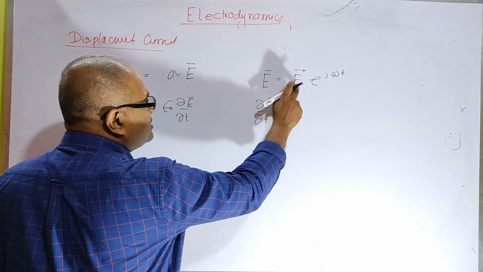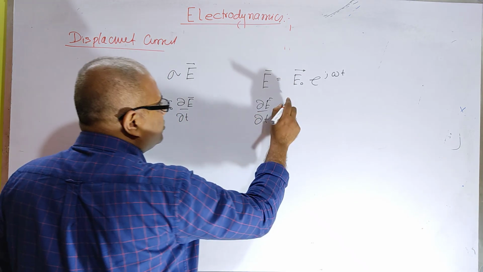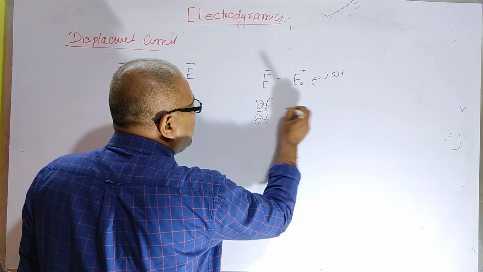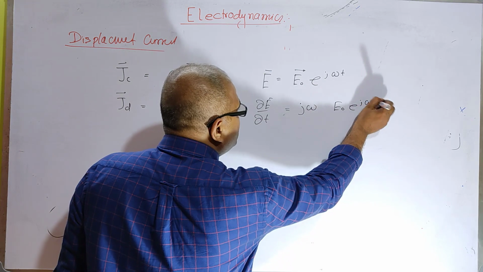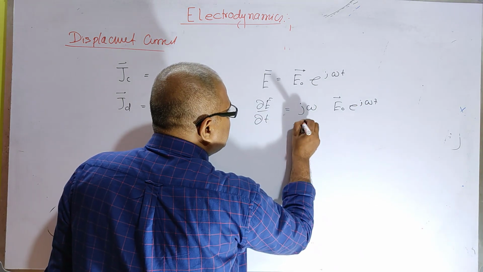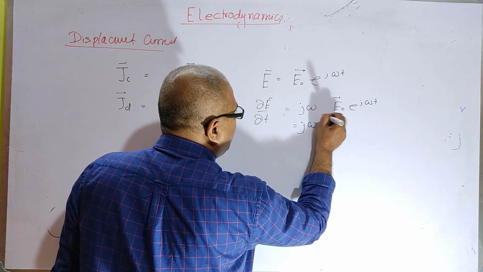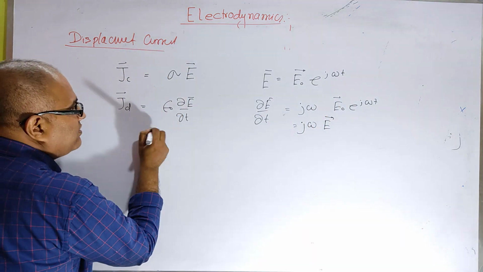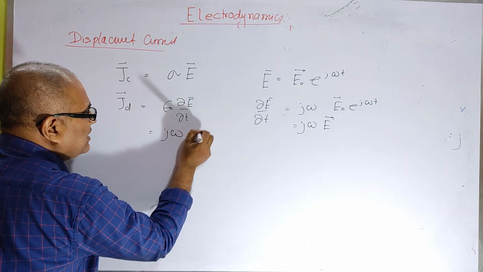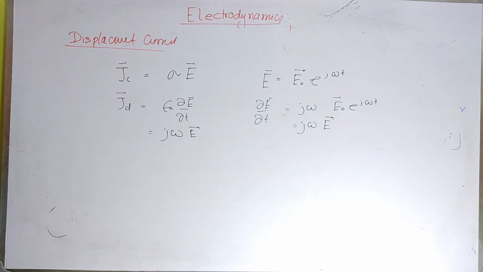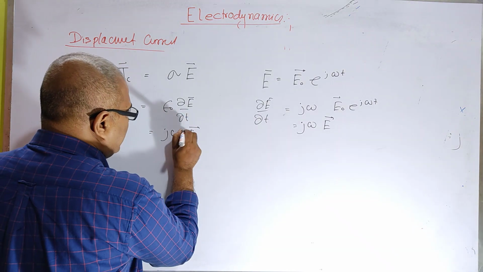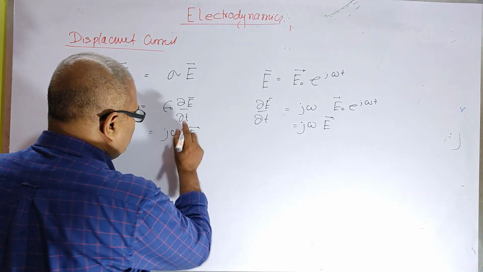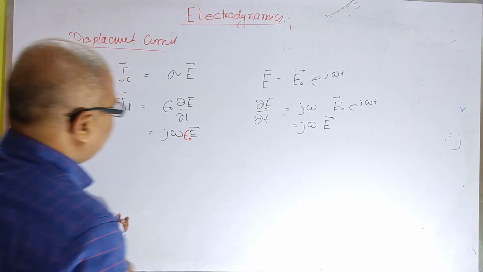I am taking del because this expression can involve r also. So that would be j omega E naught e to the power j omega t. That is j omega, this retains the form of E. So this retains j omega E.